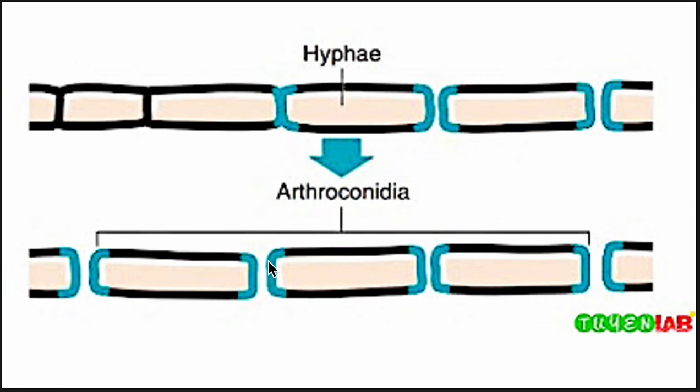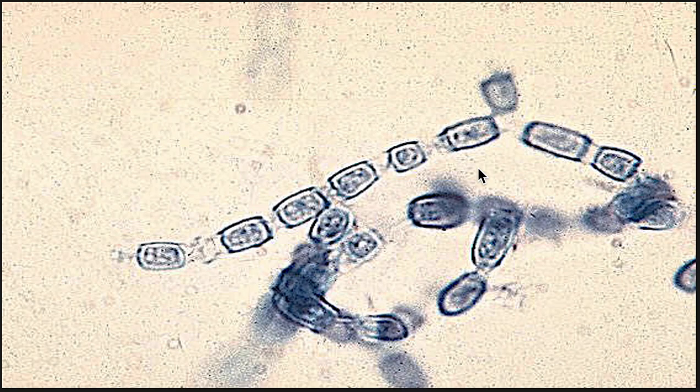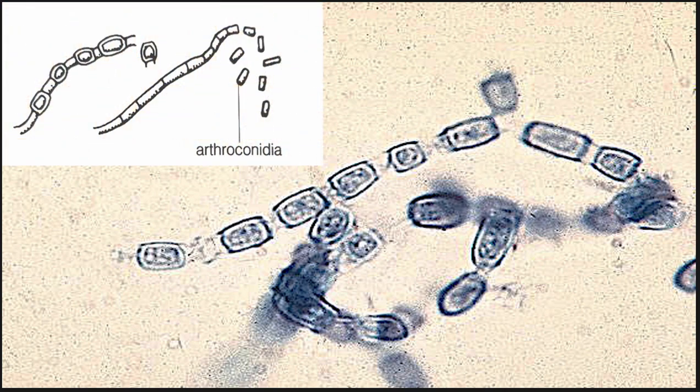Take a look at this one. There are already spaces in between. So fragmentation of hyphae forms arthroconidia. These are again asexual spores, propagules formed by segmentation of existing hyphae.